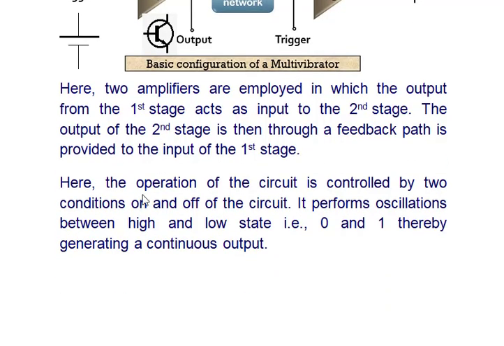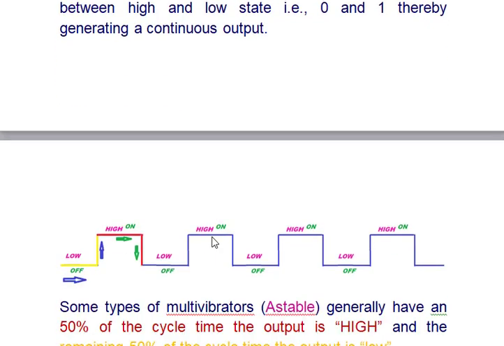The operation of this circuit is controlled by two conditions, on and off. It performs oscillations, that is, the output voltage of the amplifier goes from 0 volt to 1 volt, again 0 volt, again 1 volt, thereby generating a continuous output.